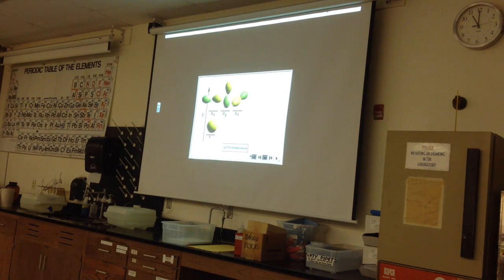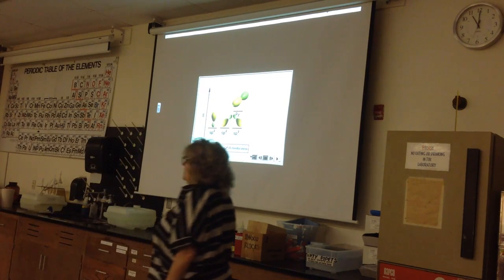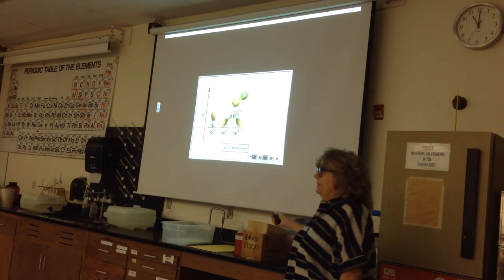If, on the other hand, to the blender we throw 1 S and 2 P's, you're going to end up with 3 sp2 hybrid orbitals that look like that. So there are 3 hybrid sp2 orbitals and 1 unhybridized p.